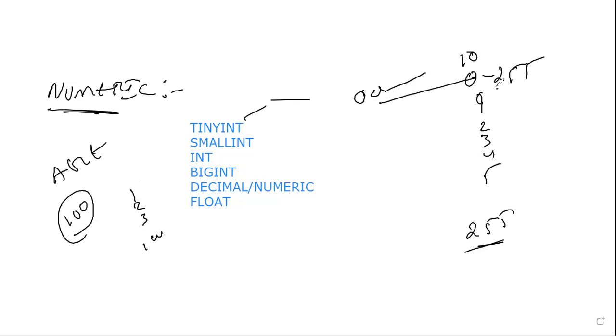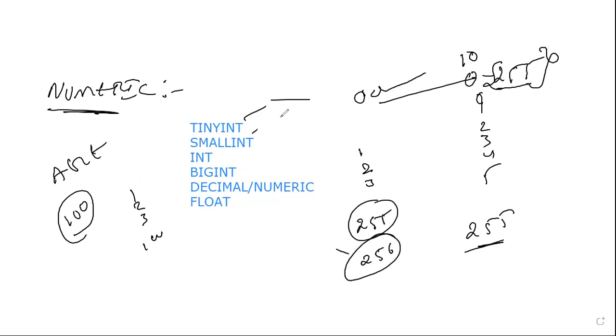I told you 255 numbers, not digits. You can store 1, 2, 3 till 255. If you want to store 256, you have to end up with a different data type. So the perfect example for tiny int is age.